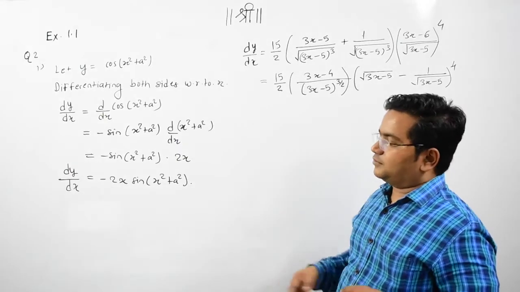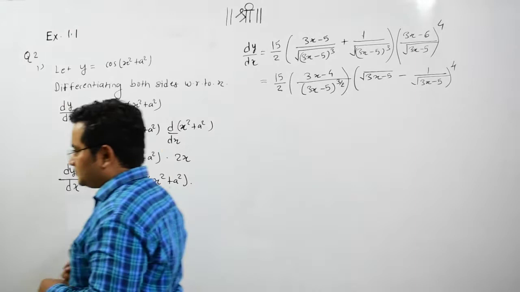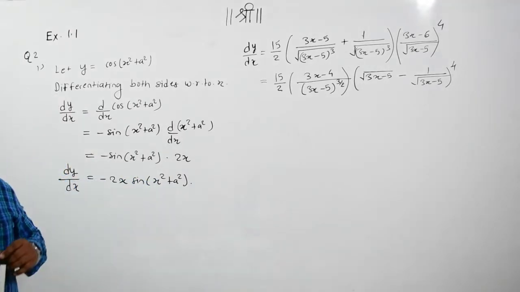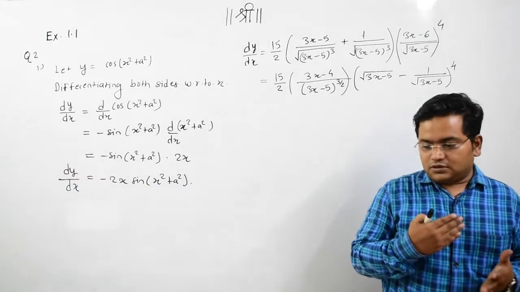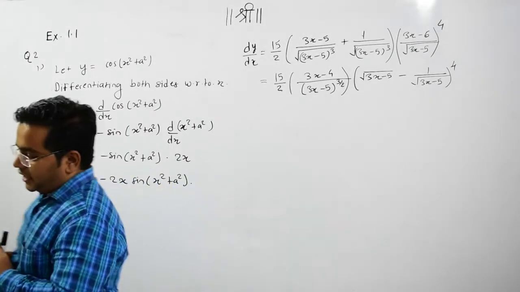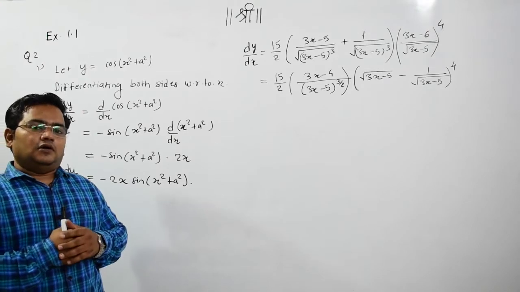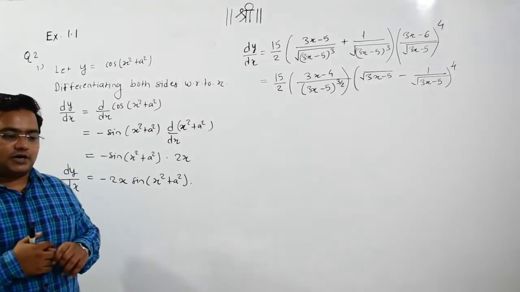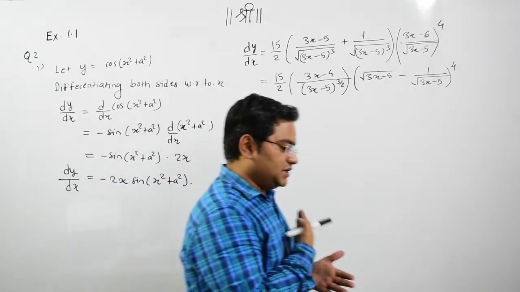Afterwards, differential equations are used in economics and other purposes. So governing dynamics, the most important word I am using, dynamics. Where there is variation in variables and a study of variation, at that time we use this differentiation.